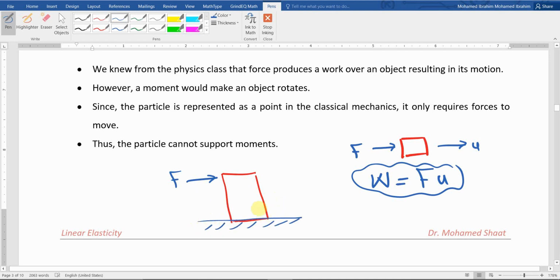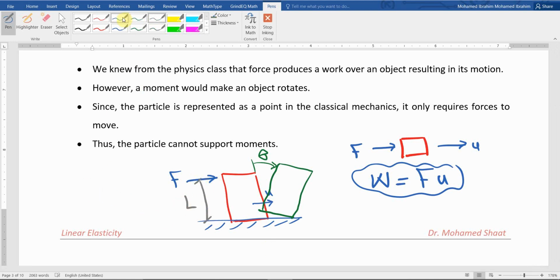Depending on the pushing, if it is hard, this box is going to slide a little bit with the displacement U, and it is going to have a little bit of rotation with a certain angle here, right? The rotation is always measured by how much angle you give to the object. So this force will produce some moment, and the moment of this force will be the force times this distance, which is L.